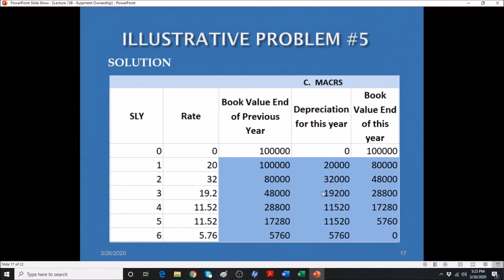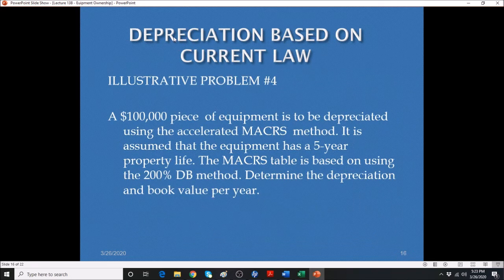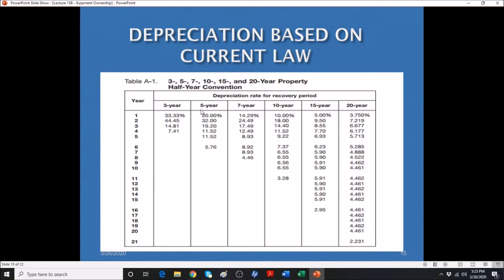Alright, so to do that, we need this rate here. Again, we just need to plug in numbers. The rest will be taken care of. The thing here is you need to figure out where we're getting those numbers. On the previous problem, it says here a 5-year, and it is 200%. Going back to the table, we need the 5 years. So you will notice here we have 20, 32, 19.2, 11.52, and 11.52 for the fifth year, and anything beyond that, we have those depreciations here.